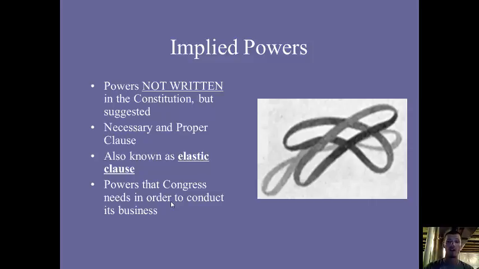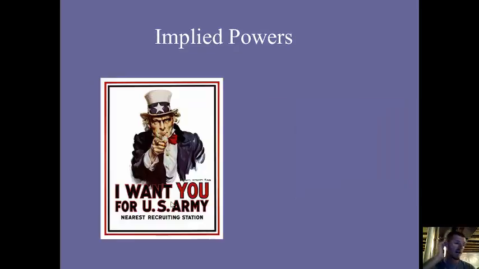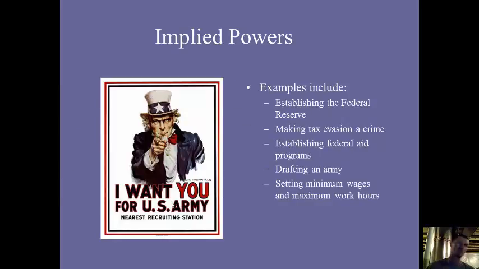So we have expressed powers, and then we have implied powers. We're gonna call the implied powers the elastic clause. All right. So some of the examples of these implied powers are right here. So these are things that Congress did not have the power to do, but they created these things to make sure that the country functions properly.